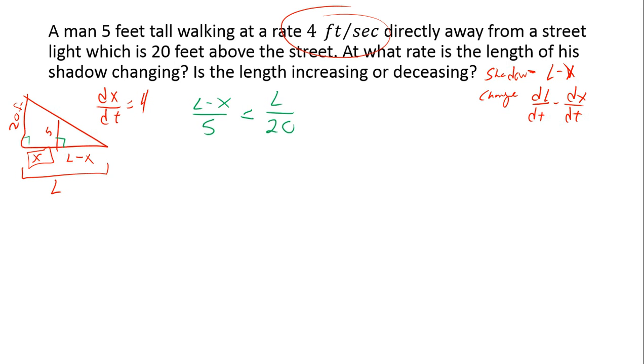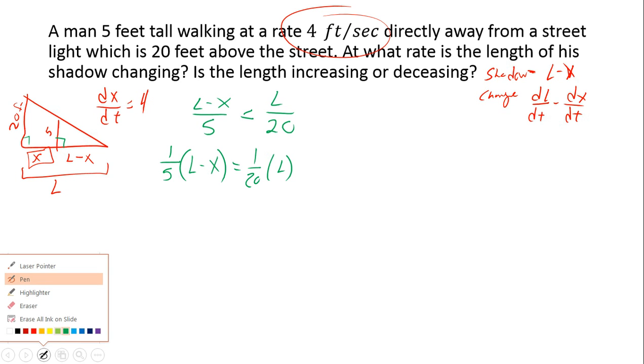And now we want to find the rate of change of each of these. And so what we'll do is that we'll just take the derivative. Well, since these 5 and 20 are constants, we can keep 1/5 and 1/20th out front, which would be 1/5 times L minus x and 1/20th times L. Now these are simple derivatives.